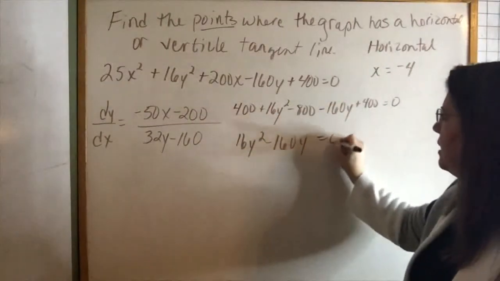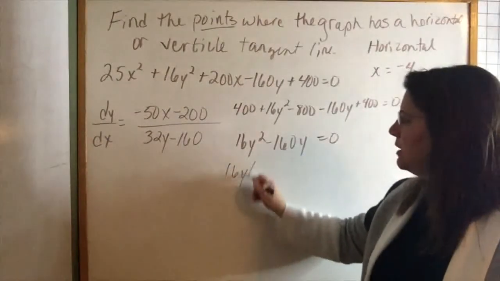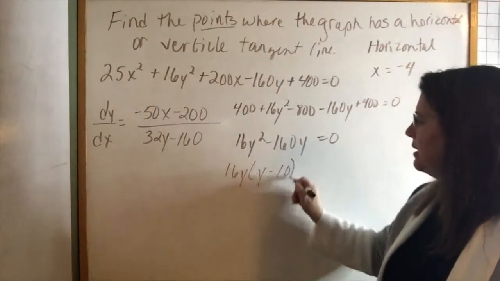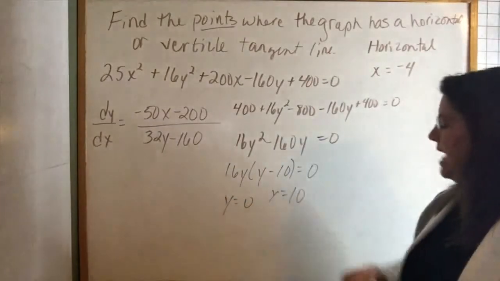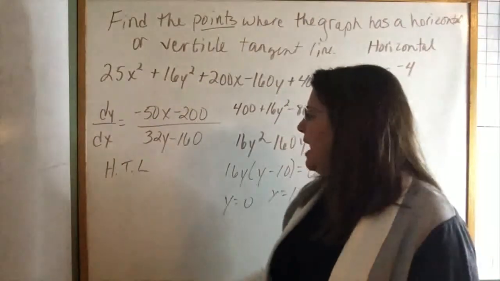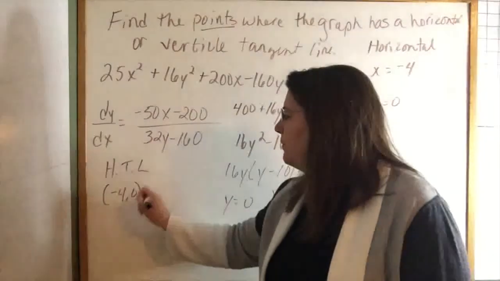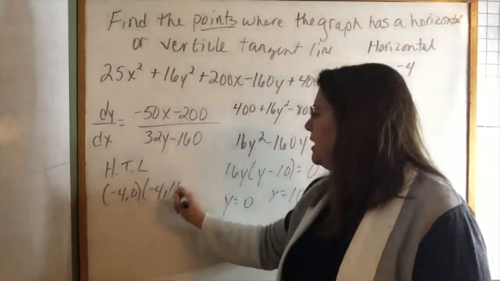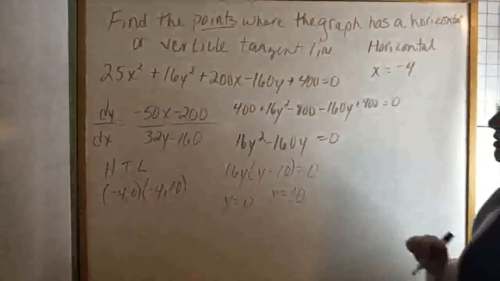So we've got that equals 0. If I take a 16y out, I will have y minus 10 left. So y equals 0 and y equals 10. So we have horizontal tangent lines at the points negative 4, 0 and negative 4, 10. So this one gave us two ordered pairs where we have horizontal tangent lines.